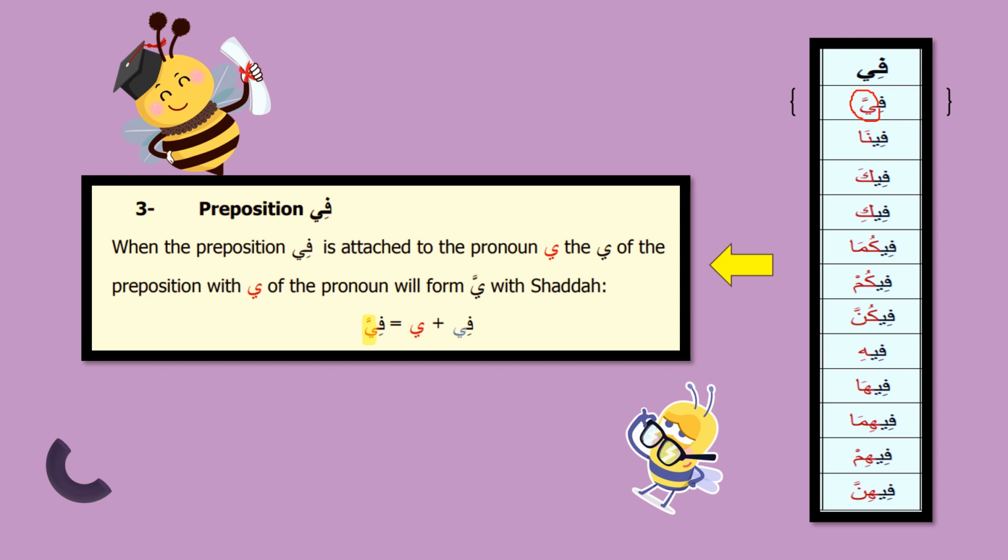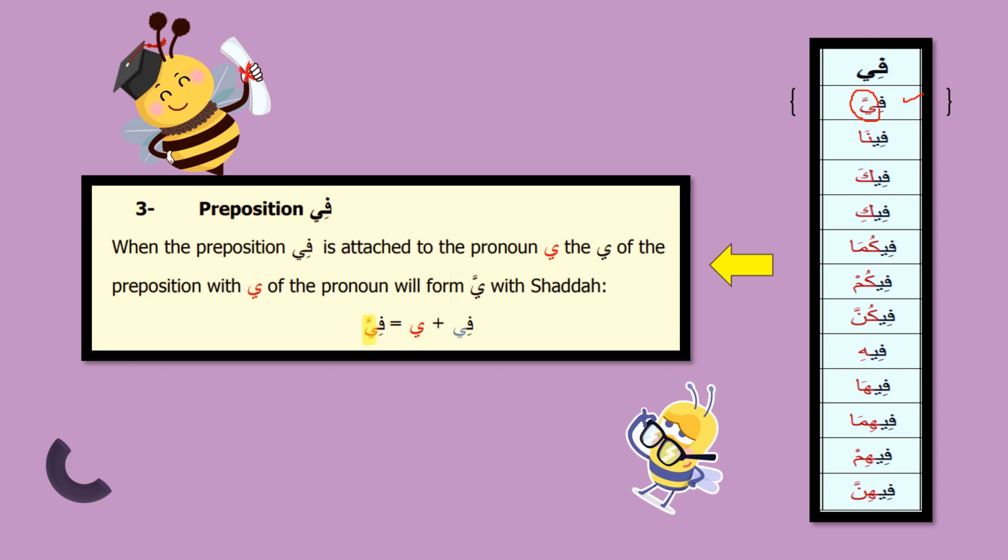You can apply the same rule with the fi and the ya mutakallim, and all the other pronouns, as you can see here, from fina, fika, fiki, fikuma till fihinna, remain with the same structure, fi and ya.